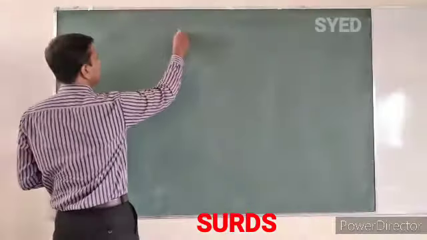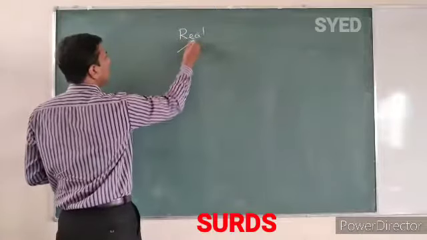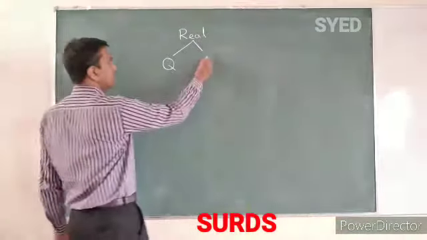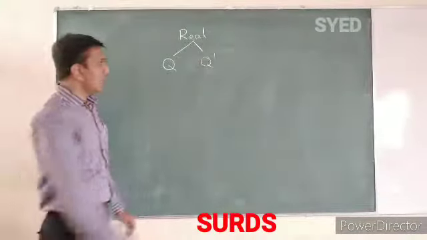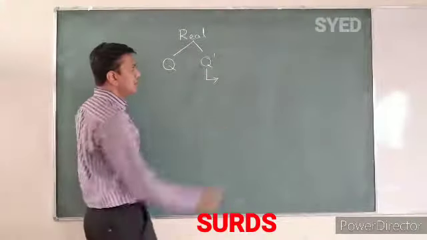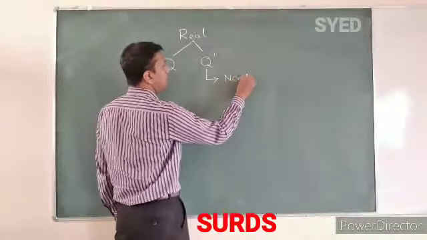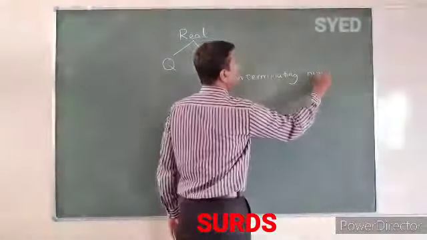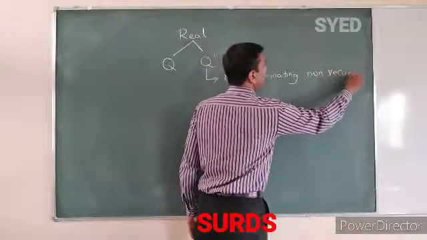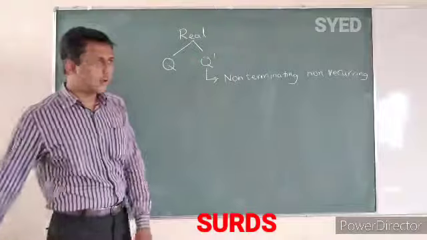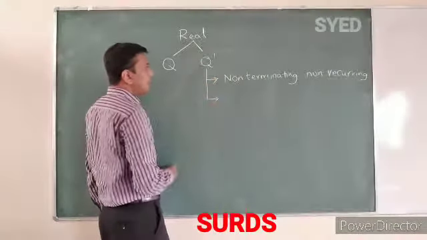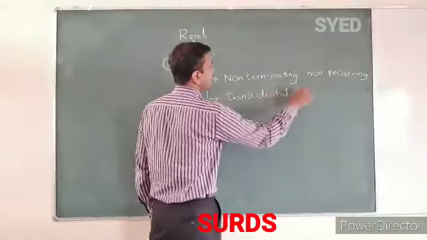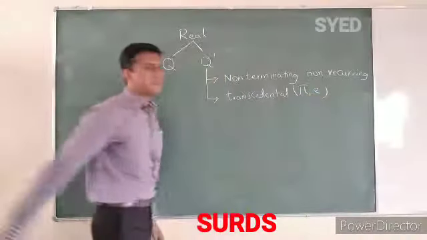In real numbers, we have rational numbers, which are denoted by Q, and irrational numbers, which are denoted by Q dash. In irrational numbers, we get non-terminating, non-recurring decimals, and also transcendental numbers like pi and e.